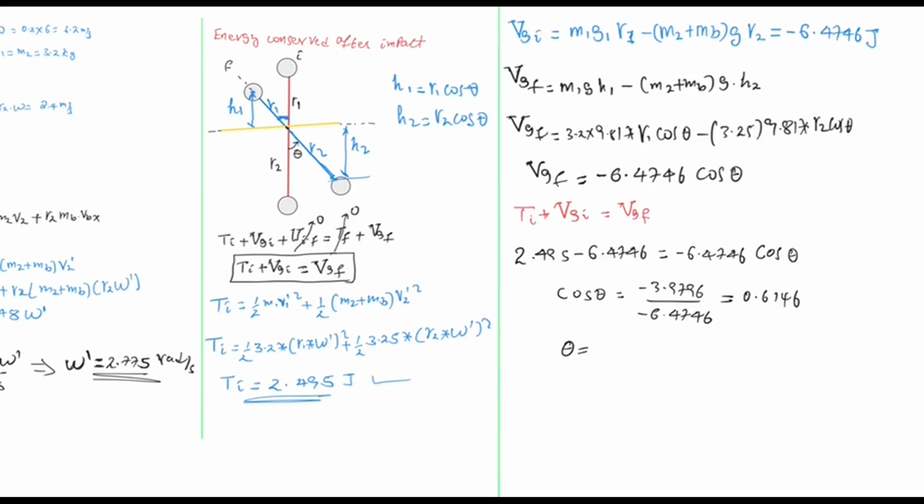So theta is equal to cos inverse of 0.6146, which finally will be 52.08 degrees. So this is our final answer for the maximum angle when the system comes to rest. And previously we have calculated omega prime, so omega prime will also be our answer. So this is it.